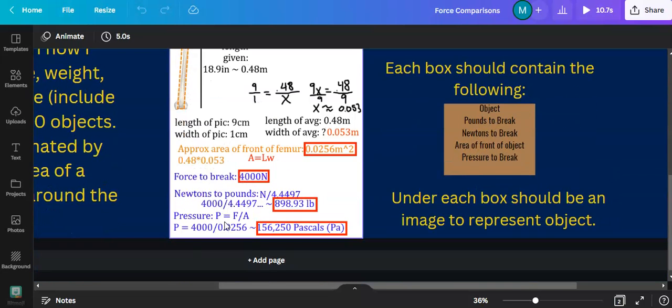From there, we're going to find the pressure. The formula for pressure is P equals force divided by area. Well, the force was 4,000, and the area we calculated was 0.0256. Plug that into the calculator, and you get about 156,250 pascals.